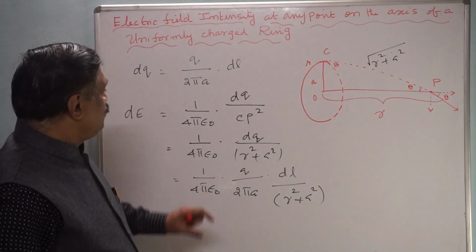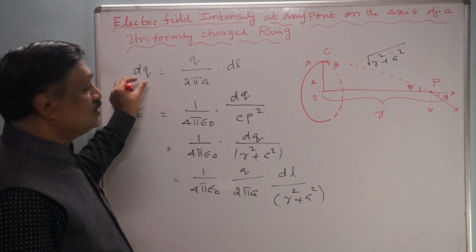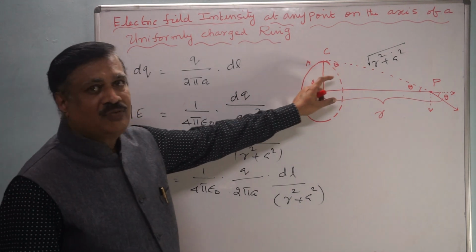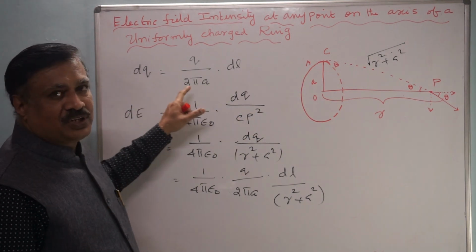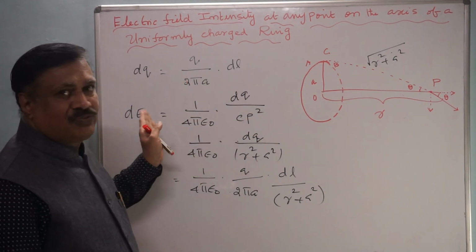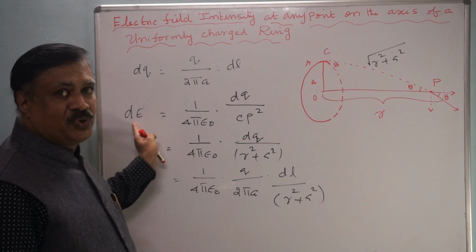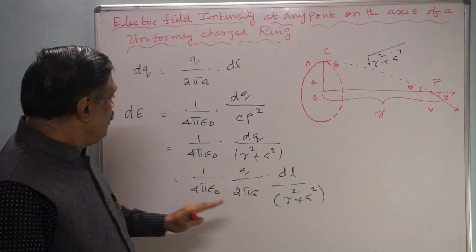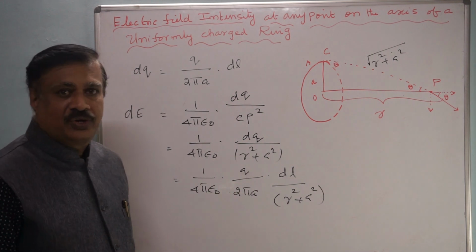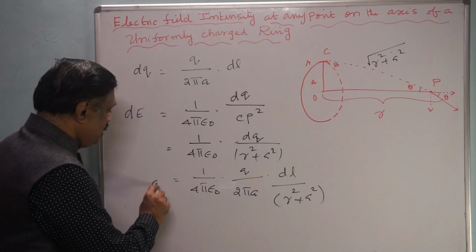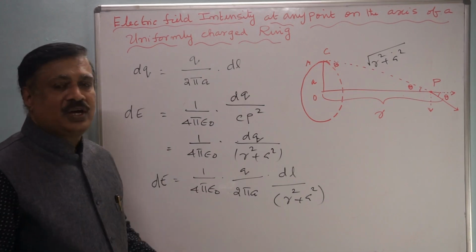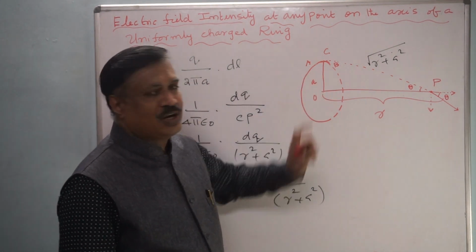First I have taken an element and found the charge for the element. After that I have found the electric field due to the element and then substituted for this dq. Now this is dE, that means the electric field due to this small element.